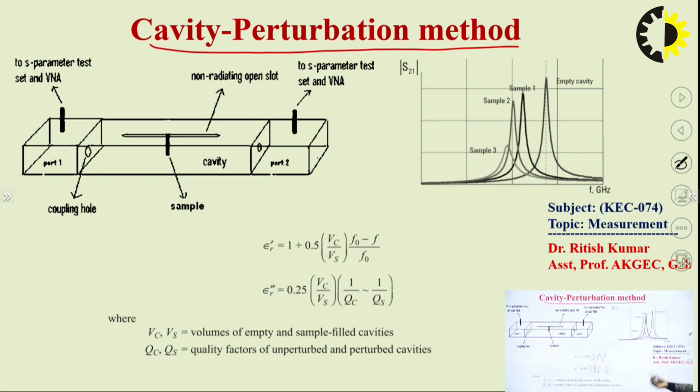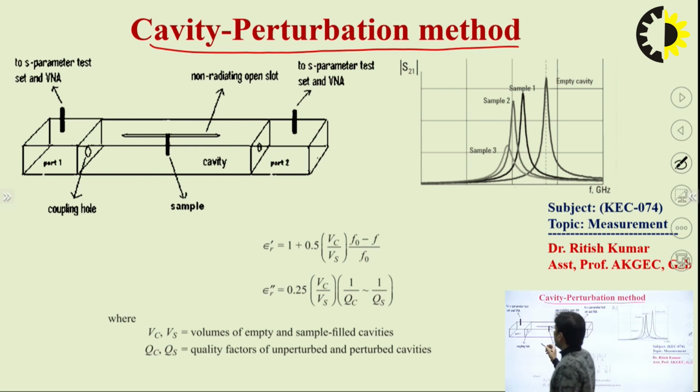What is the cavity perturbation? This is one of the research articles on the cavity perturbation method. Researchers do most of their research to understand the properties of materials by using the cavity perturbation method. So why do we call it the cavity perturbation method?